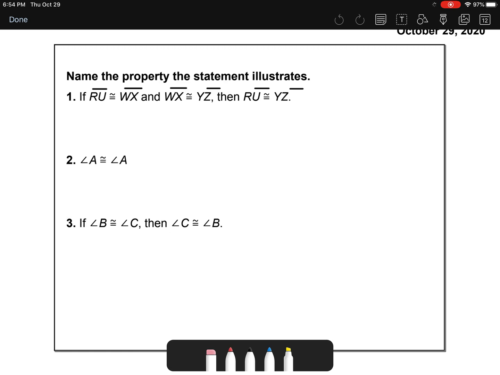I'm going to take number 1 first. Now recall that there are 3 components to this. If segment RU is congruent to segment WX and WX is congruent to segment YZ, then segment RU is congruent to segment YZ. Does anybody remember what property that is?